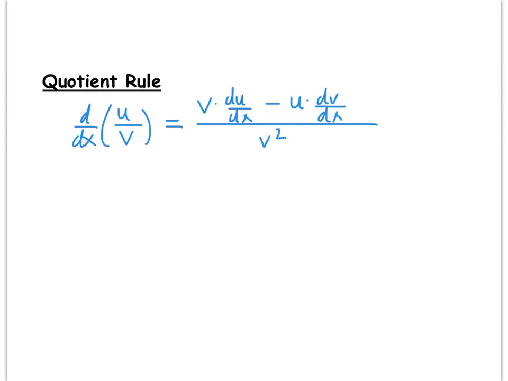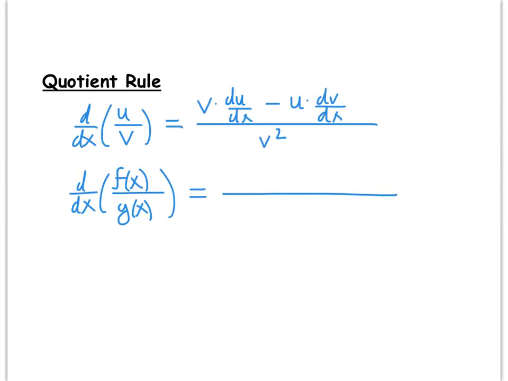Now let's also write the quotient rule using prime notation. So we'll say f of x divided by g of x. So order does matter in this, since we are using subtraction. You'll also notice there is some similarity to the product rule, meaning one function gets multiplied by the other one's derivative.